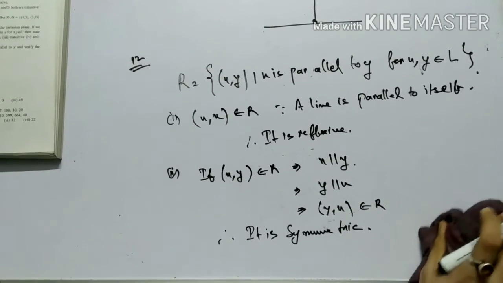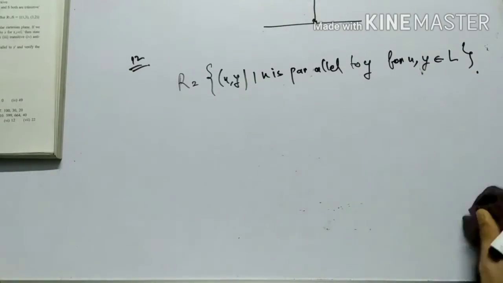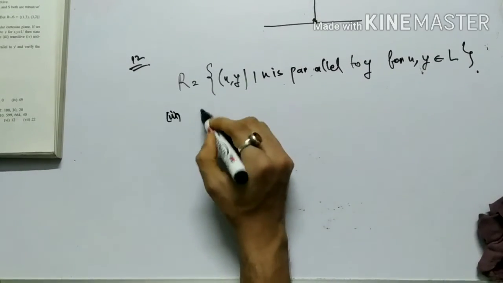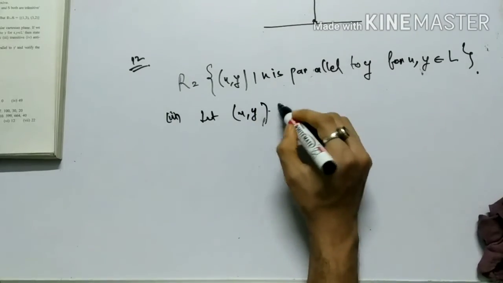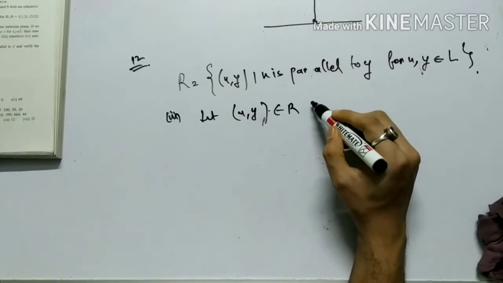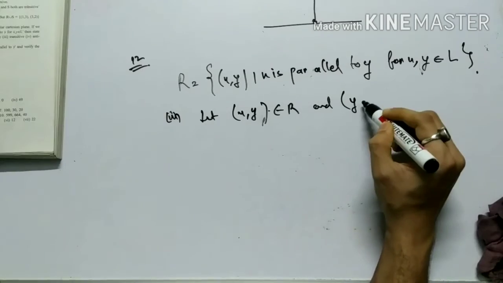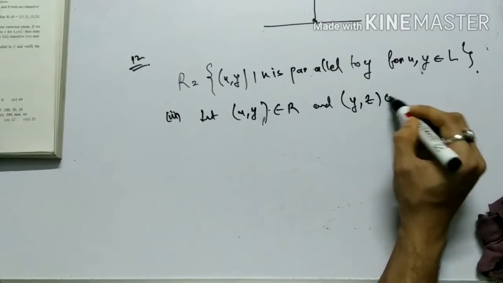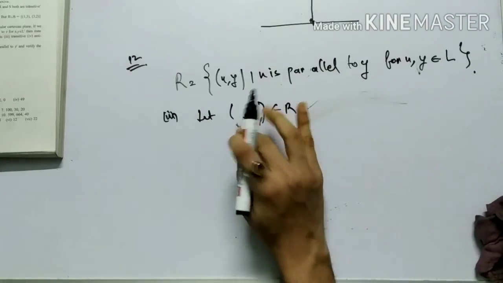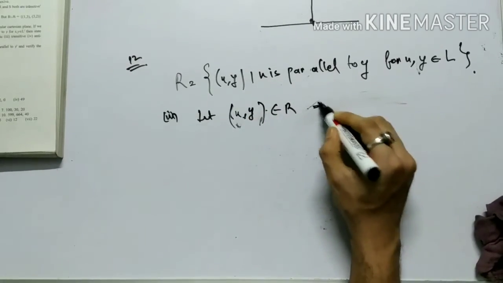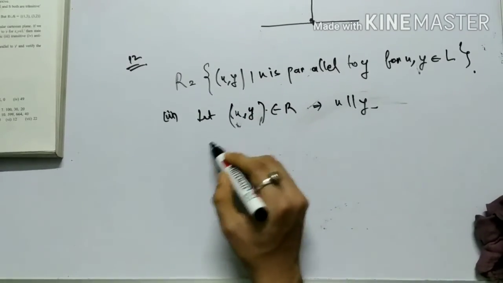Okay, next I will check it for transitive. Now for transitive, let xy belong to R, and yz belong to R. Let xy belong to R. That means x is parallel to y.